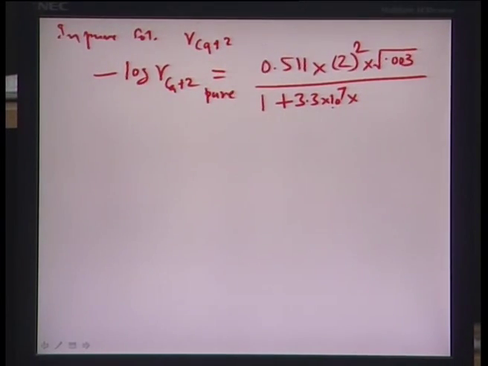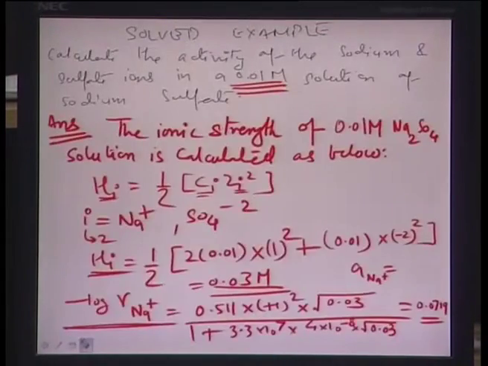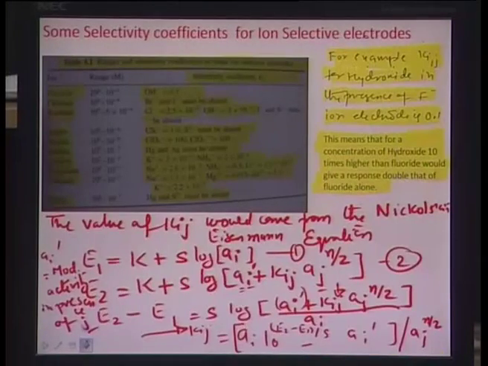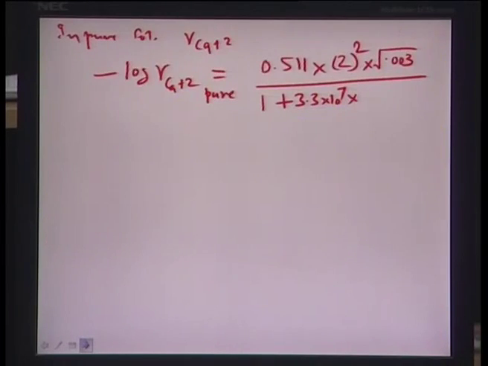If you go back and look at that parameter, the ion size parameter for a calcium plus 2 ion is close to 600 picometers. So, it is about 600 picometers, or 6 times 10 to the power minus 8 centimeters. Again, I would like to reiterate that this whole system of equations is based on CGS units, so we need to take the value in centimeters.